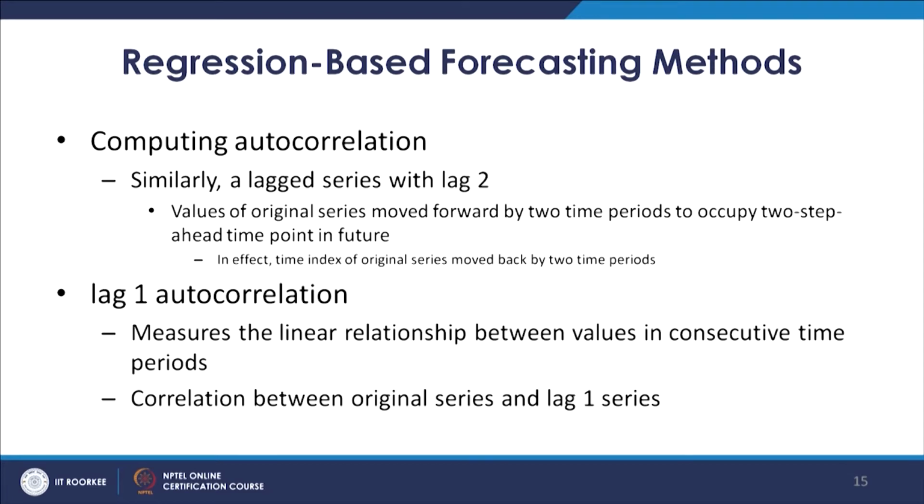Now, lag 1 autocorrelation. It typically measures the linear relationship between values in consecutive time periods. In terms of how we measure it, it is the correlation between the original series and the lag 1 series. We have now understood how we can get the lag 1 series from the original series. The lag 1 autocorrelation is nothing but the correlation between the original series and the lag 1 series.